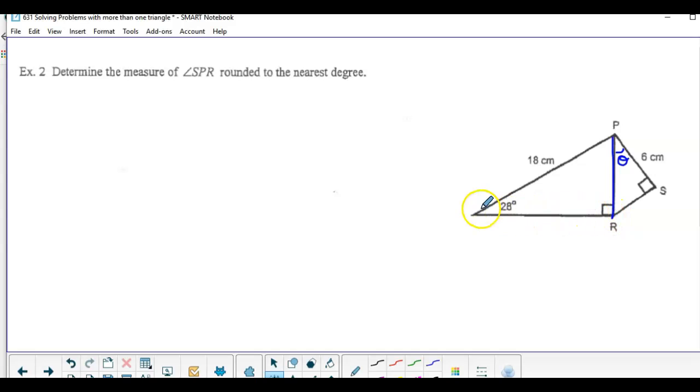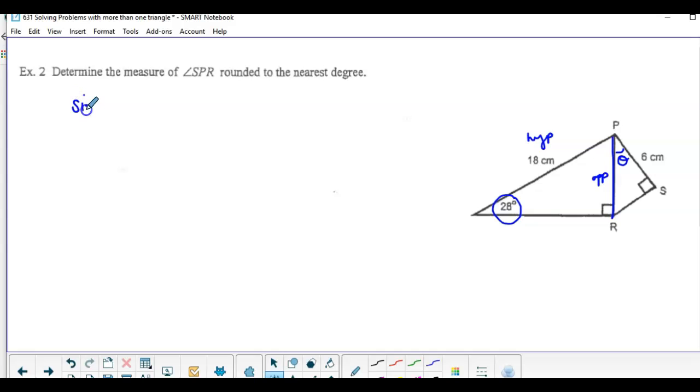So take a look at this bigger triangle. It's 90 degrees, I have an angle of 28, and I have a side. So that means, yep, I can find this side here. So compared to 28, this is your opposite, and this is the hypotenuse. Okay, so opposite over hypotenuse is sine.